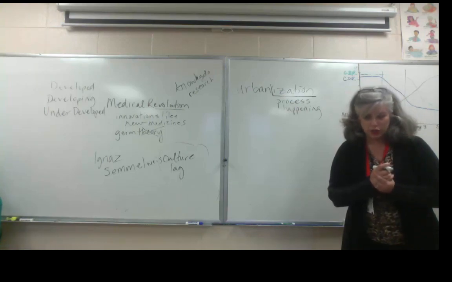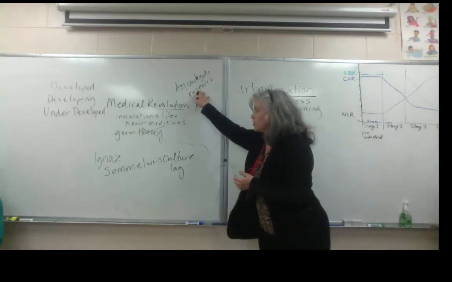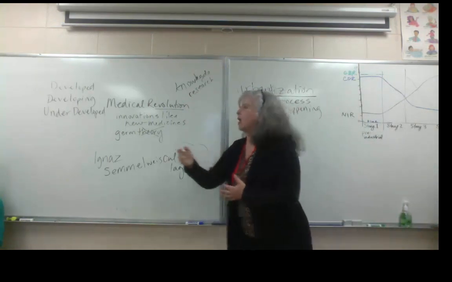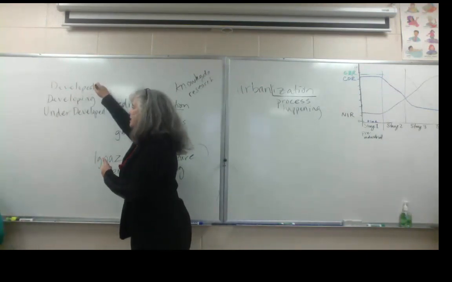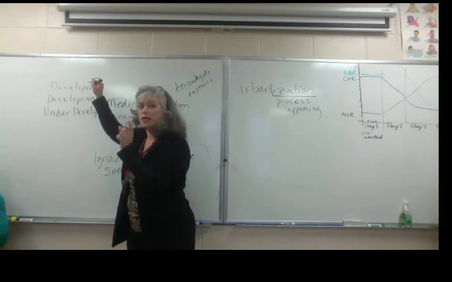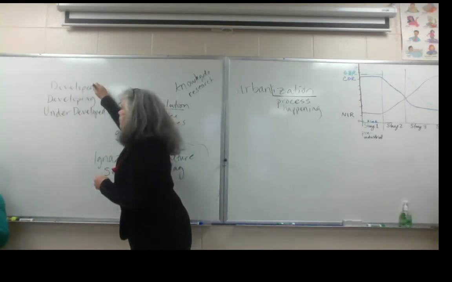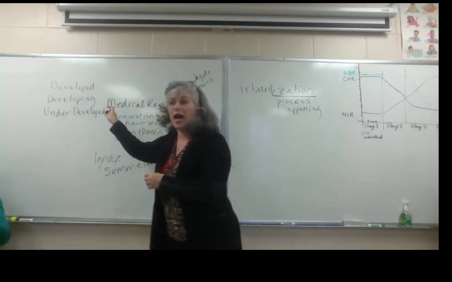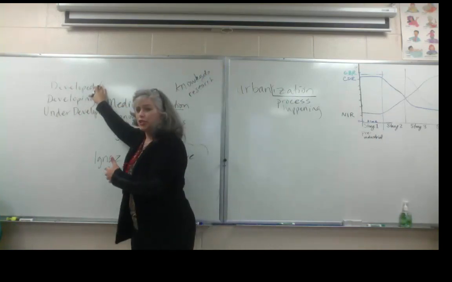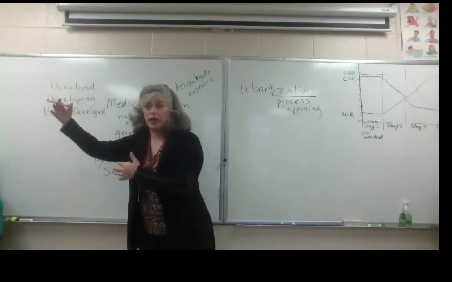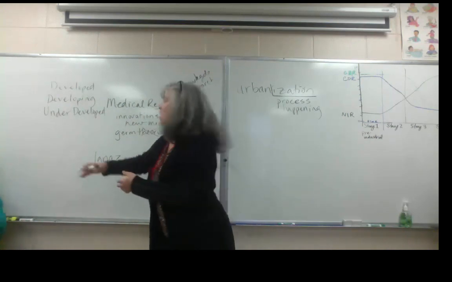Industry, manufacturing, building up of research and knowledge, that's what's happening. So the degree of industrialization is what separates these three types of country distinctions in the world. Developed nations have a very high degree of industrialization, right?